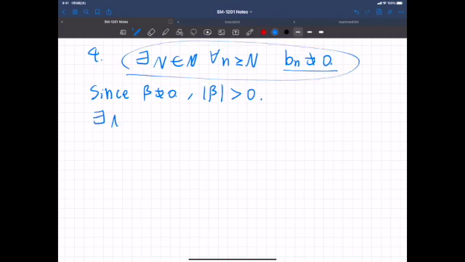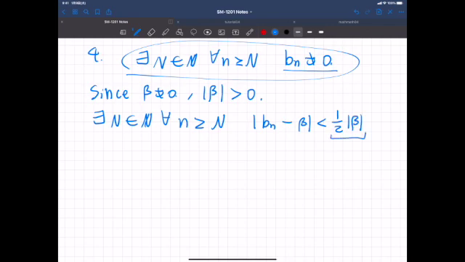There exists some natural number capital N such that for any natural number greater than or equal to this capital N, we have |bn minus beta| less than 1/2 of |beta|. Usually we write an epsilon here, but instead of epsilon we can write any positive number. So here we happen to use half |beta|.